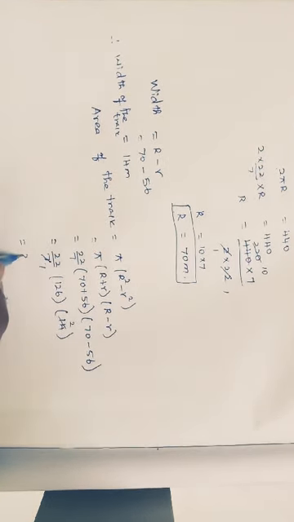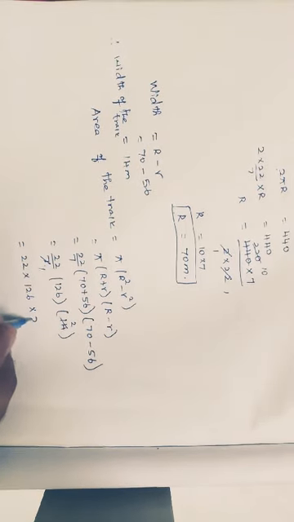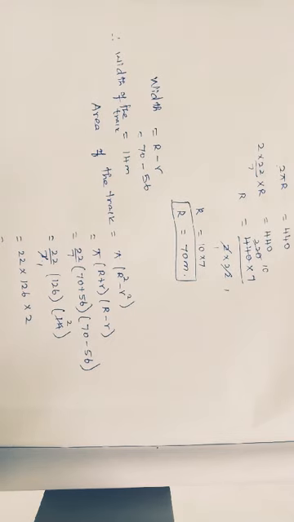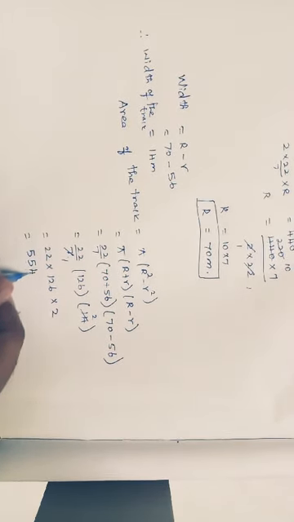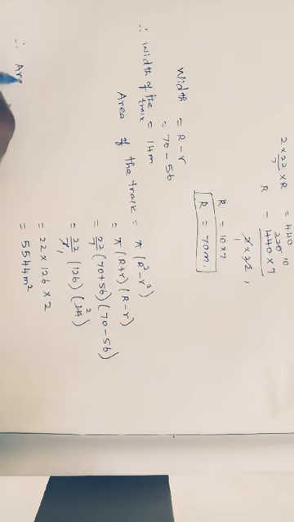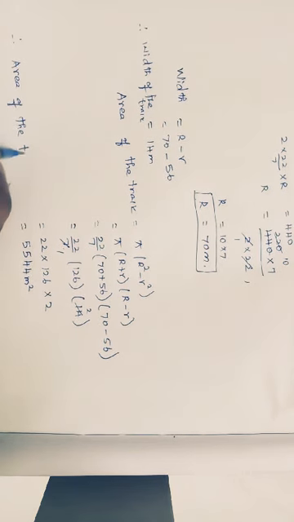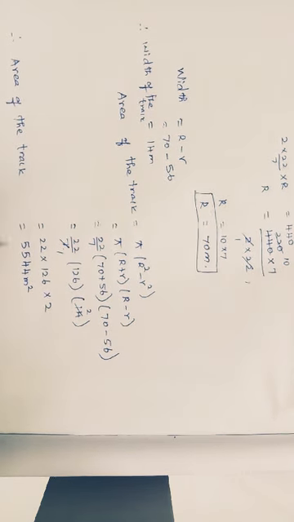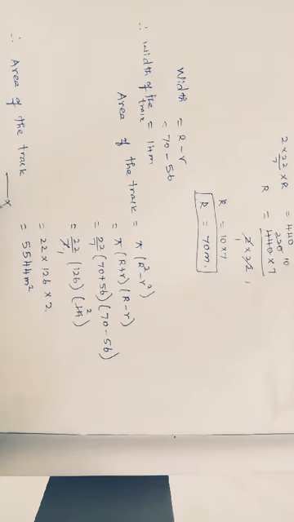So remaining 22 into 126 into 2 is equal to 5544 meter square. Therefore the area of the running track, the race track, is equal to 5544 meter square, right?